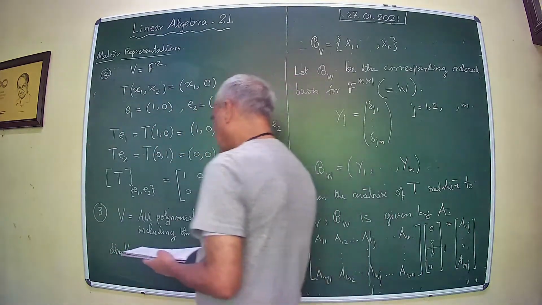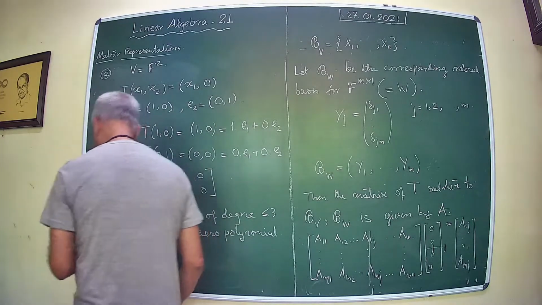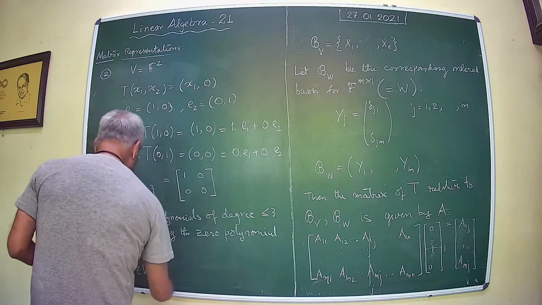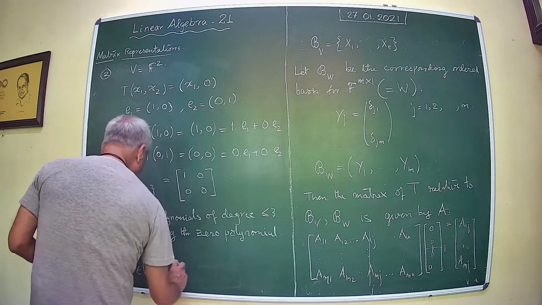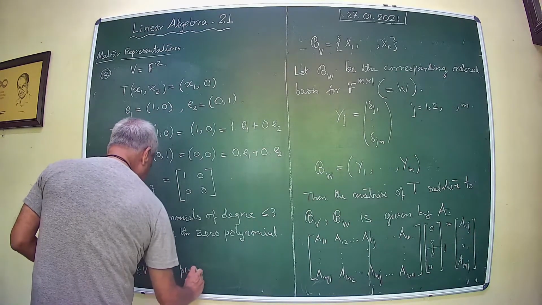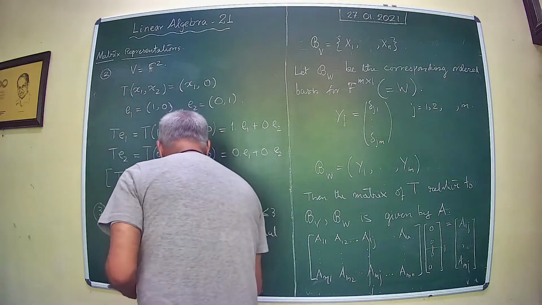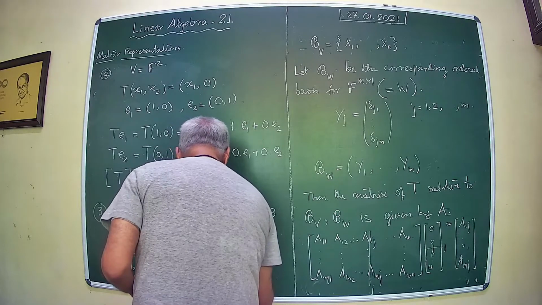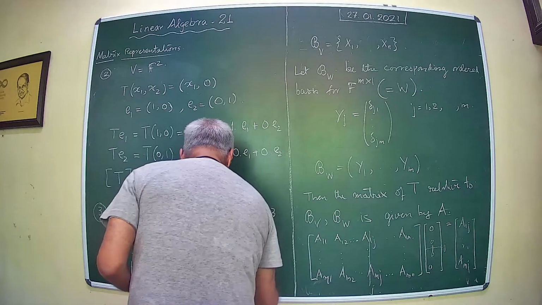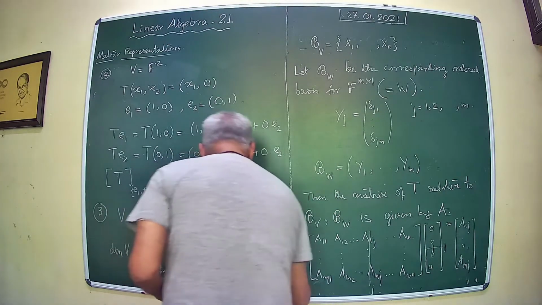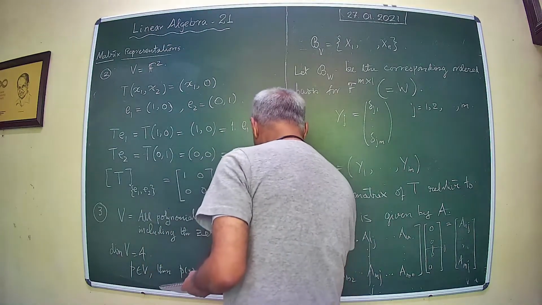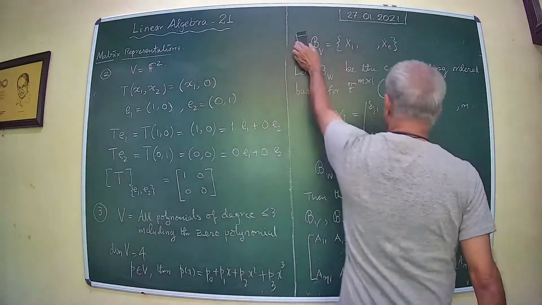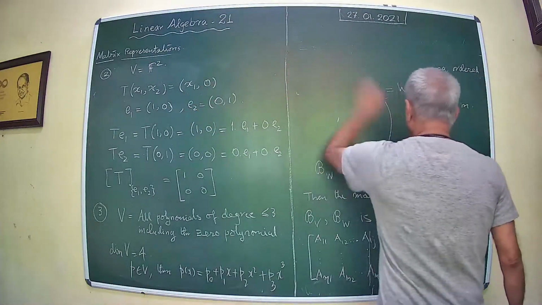A typical member P of V is of the form P(x) equal to P0 plus P1 x plus P2 x squared plus P3 x cube.